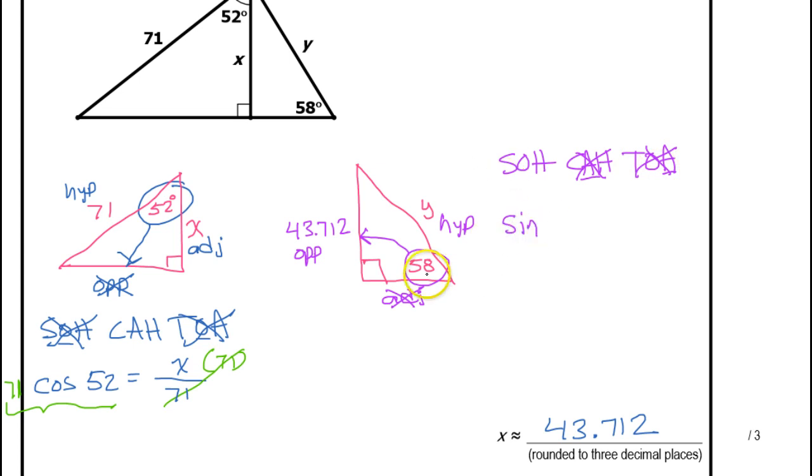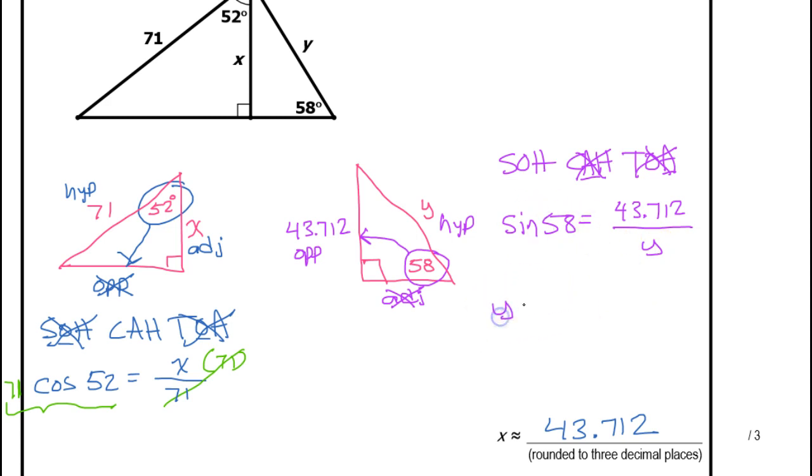So sine of the angle we circled is equal to opposite over hypotenuse. So that'll be 43.712 over y. When the variable is in the denominator, you swap these.